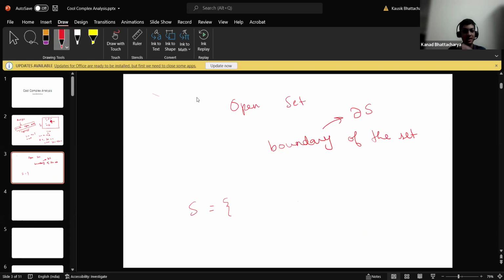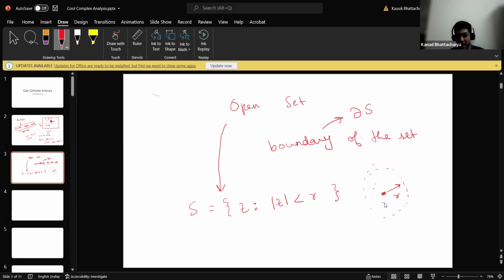So I'm now going to give an example of an open set. Basically we take all the points z such that the absolute value of z is less than some real number r. What this basically means is that we have a set like this.